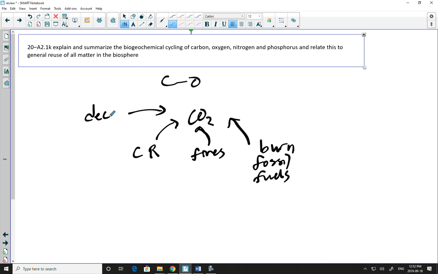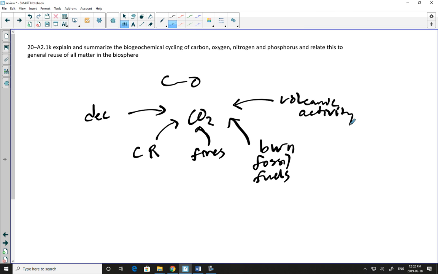Decomposition, volcanic activity. Right. All of those processes can release carbon dioxide into the atmosphere. And then what processes take it away? Right.